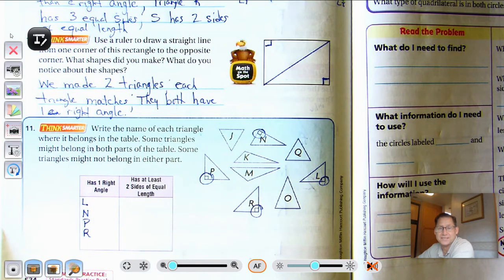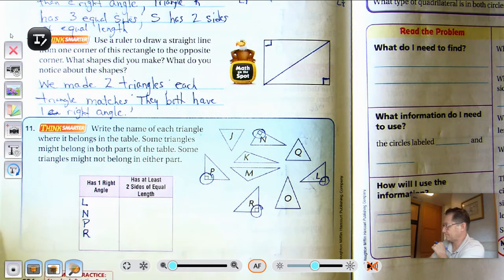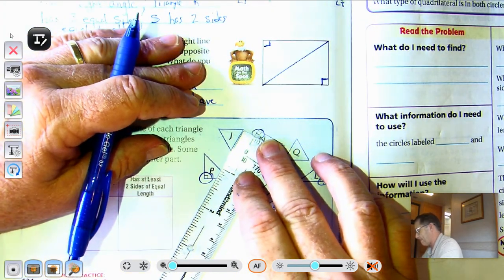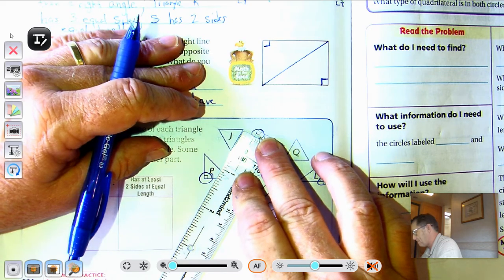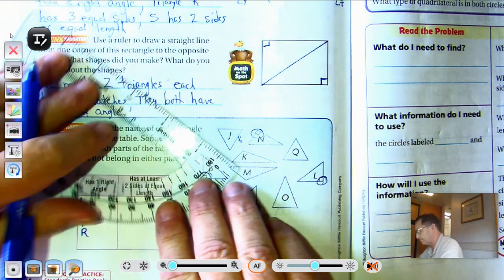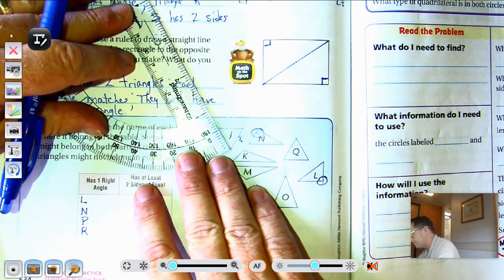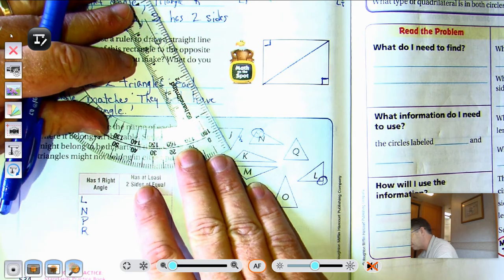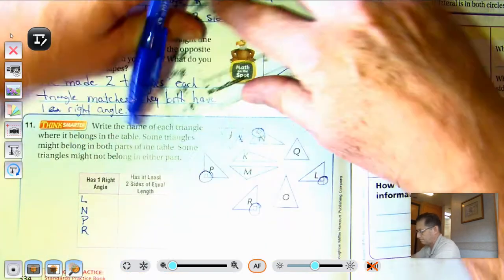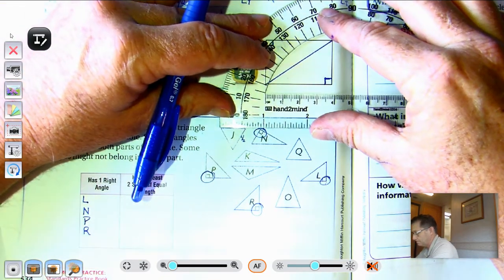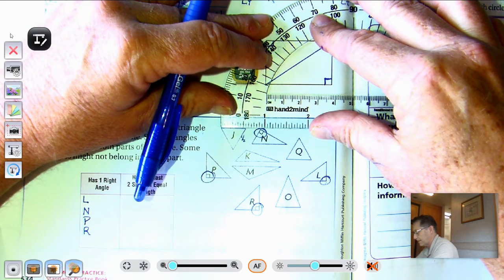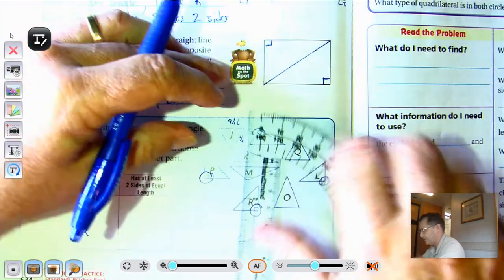Has at least 2 sides of equal length. Okay, I'm going to call this about half. Actually 9/16. Let's try this one again.